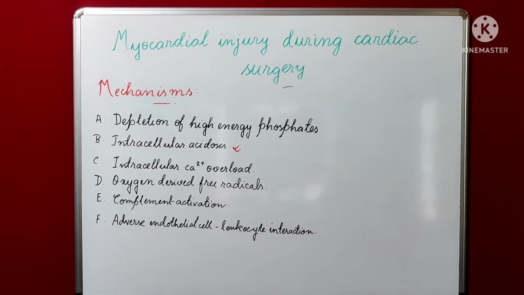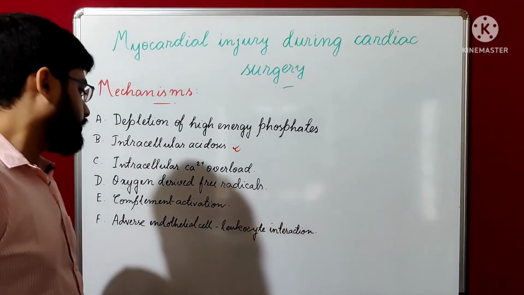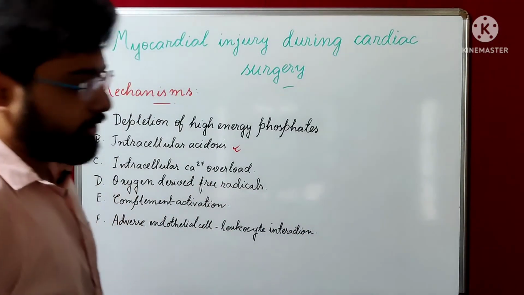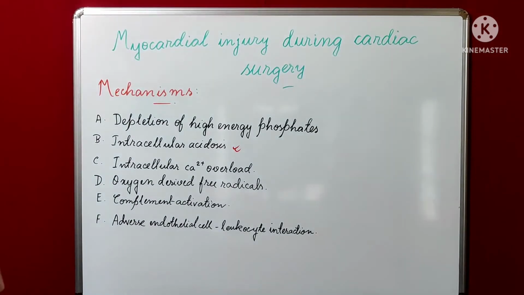Now in the inflammation chapter we have seen that all those inflammatory components cause injury to cells through various ways. So complement activation also injures myocardial cells. And next is adverse endothelial cell and leukocyte interaction.